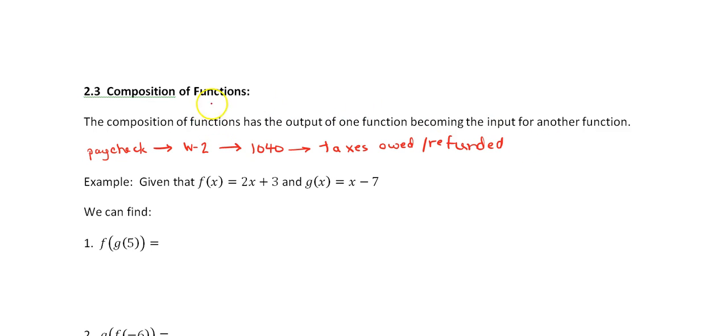Similar problem would be having number of items sold and your sales function to get your sales revenue, right?